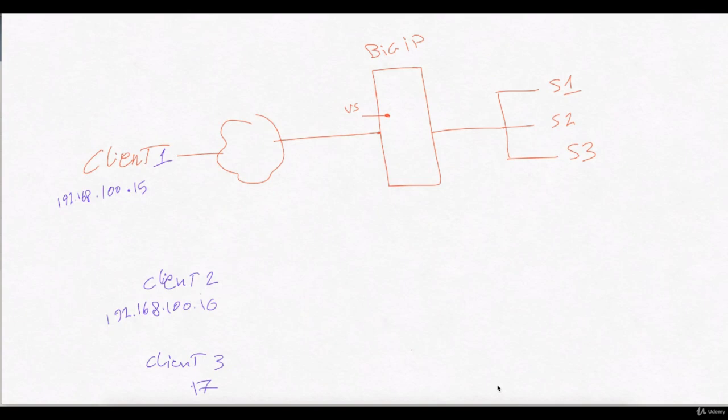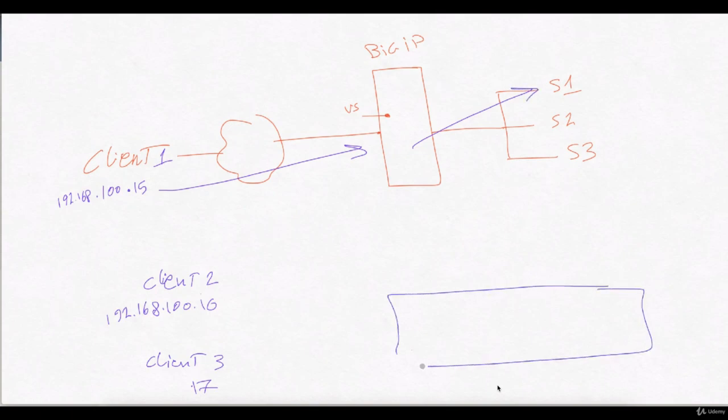So when the client connects to the virtual server, then the BIG-IP will choose a server to serve the client. Then the BIG-IP will maintain a persistence record in a persistence table, saying that .15 goes to server 1.